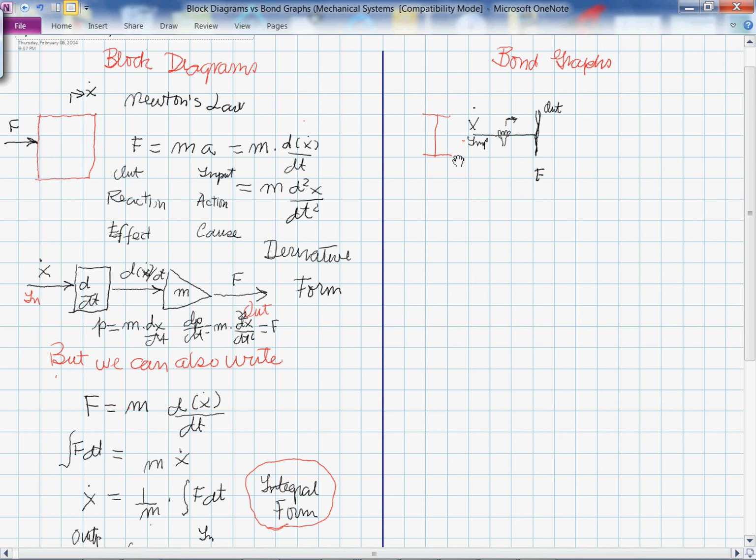If this is true, F in this case is equal to M times dx dt. And so this obviously is the derivative form when you have it this way. This is your derivative form in here.